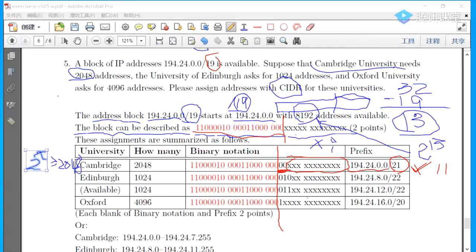For Edinburgh University, we can use this equation: 2^x should be larger than or equal to 1024. So we can set x equals 10. 10 means the length of the host portion is 10 bits. 8 plus 2.